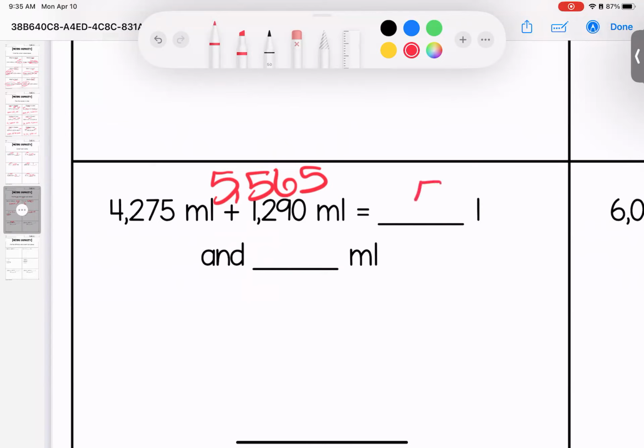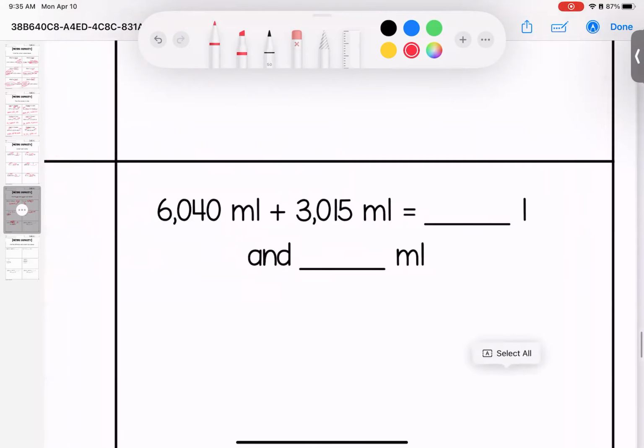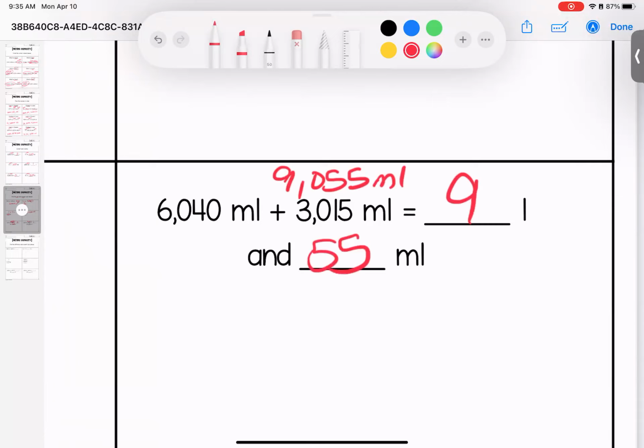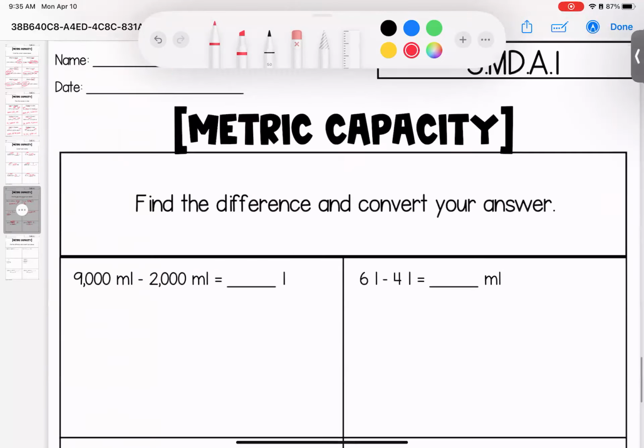So if I divide by 1,000, I get 5 liters. Here is my leftover, or my remainder. Same thing with this last one. It is not quick mental math, but not bad. When we add it up, we get 9,055 milliliters or 9 liters and 55 milliliters left over. Questions on this page? Bring them with you to class.